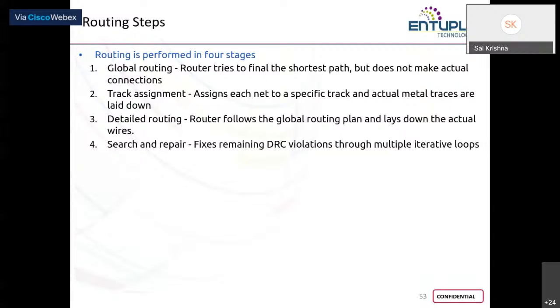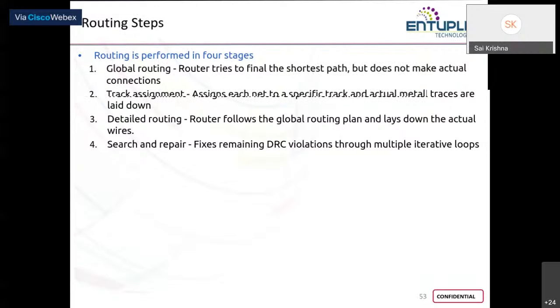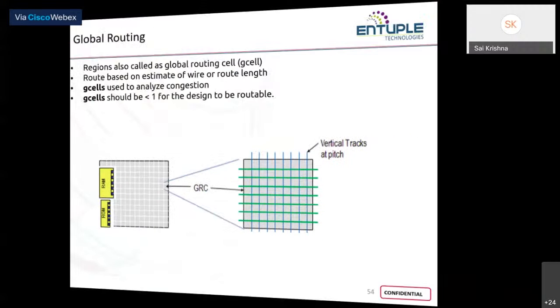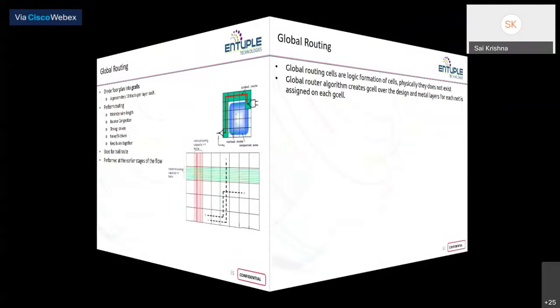If there are any DRC violations like minimum width or minimum spacing, your tool will try to clear them as much as possible. For this reason, the whole routing is done multiple times in loops. So that is about your routing.